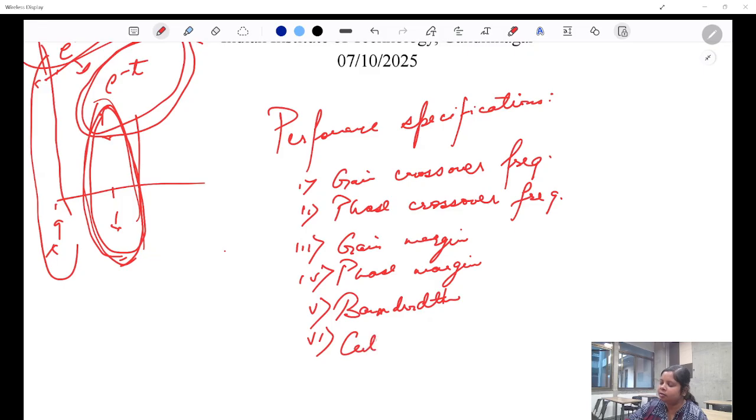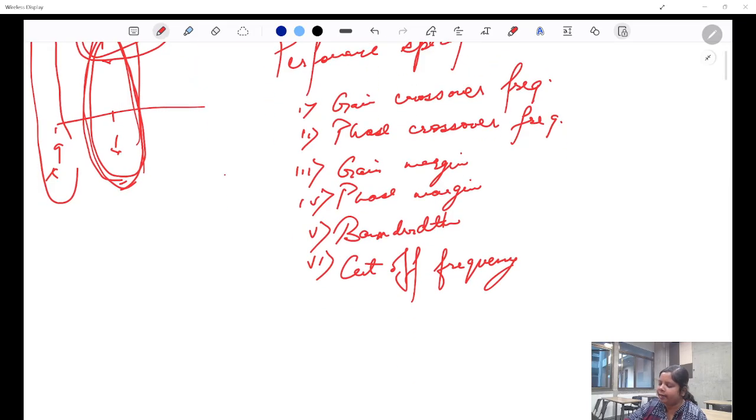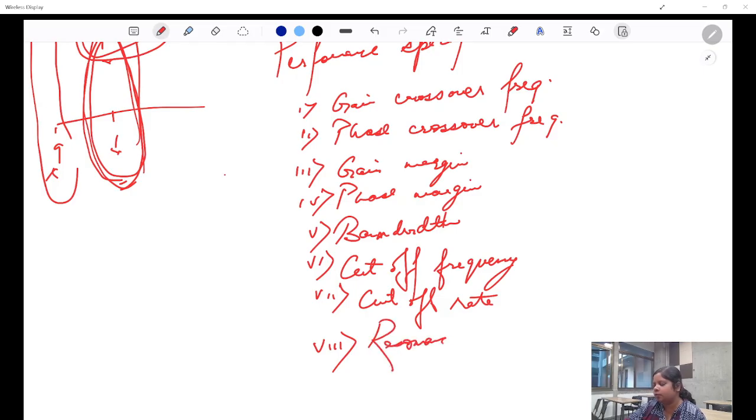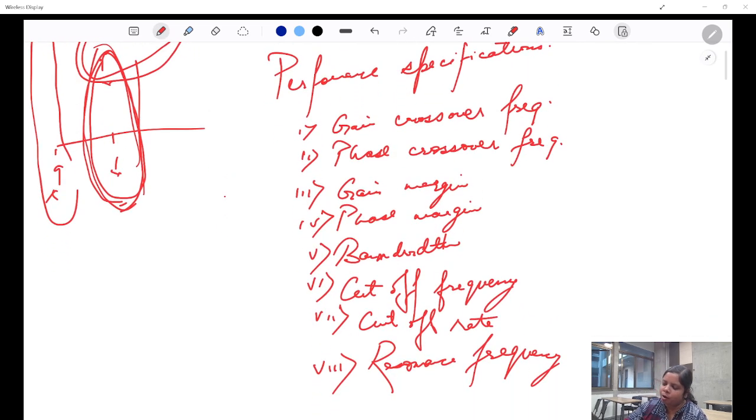Cutoff frequency, cutoff rate, and what did we see? Resonance frequency. So all of these are the performance specifications in the frequency domain.